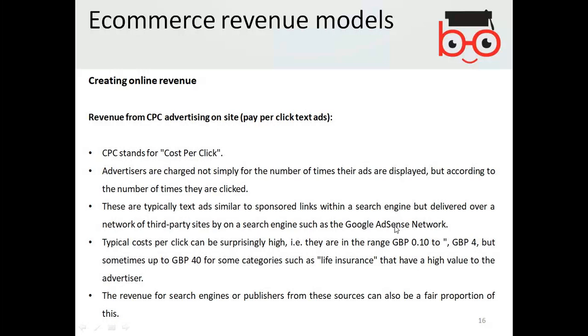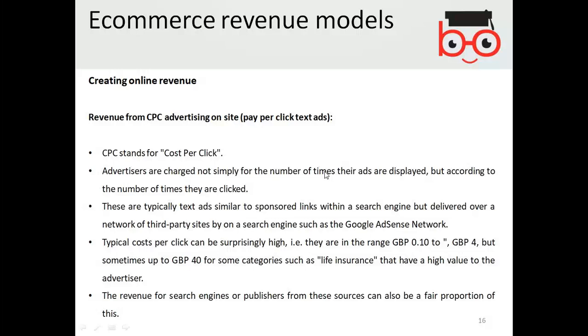Google AdSense, you can see nowadays in every website, even the most popular websites like eHow and many more, they normally show the Google ads, and the owner of the website gets paid by showing the Google advertisements.